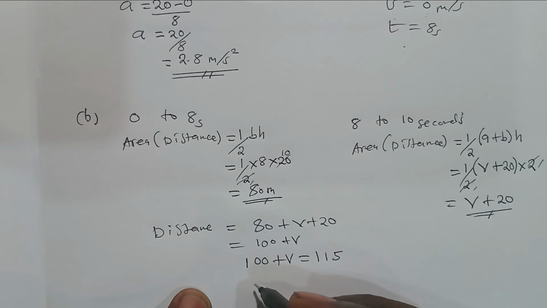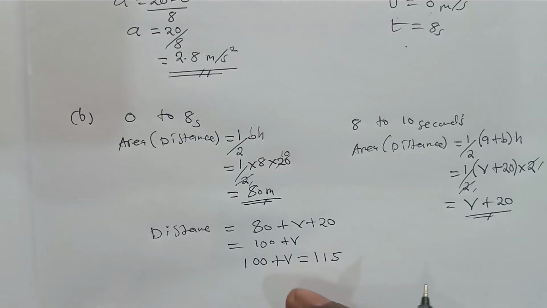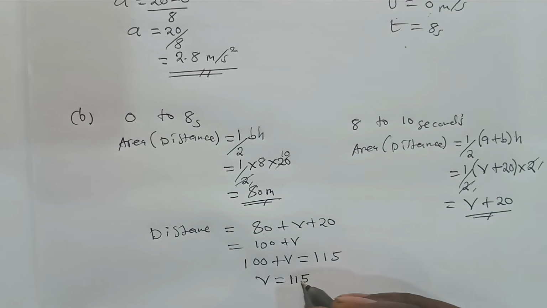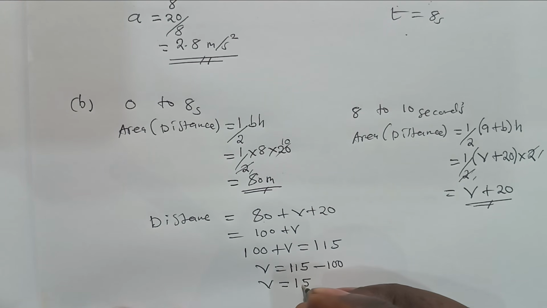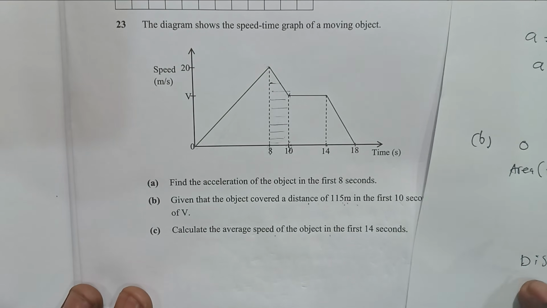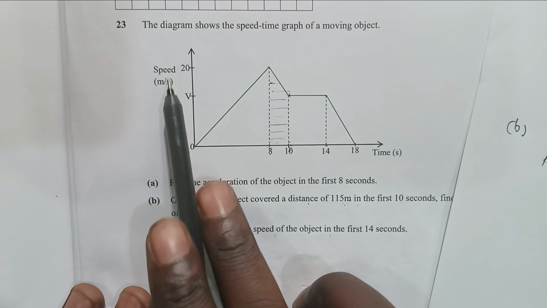Okay, so we can simplify to get the value of V. So this 100 plus V, we understand these are unlike terms, so we are going to say V is equal to 115 minus 100. So our V is equal to 15. Okay. Now, what is this V for? Getting back to the question, this V represents the speed in meters per second.